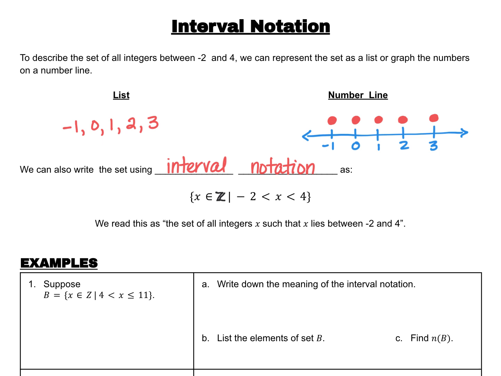And let me use my highlighter here so I can point out the key parts. This can be read as the set of all integers X, and this vertical line here means such that.